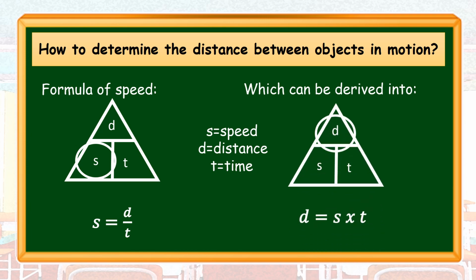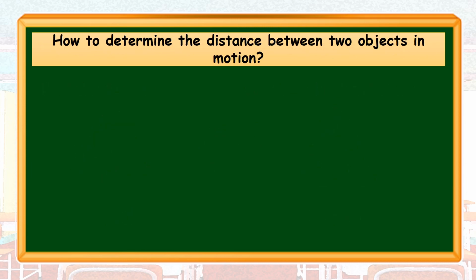For the formula of distance, speed is multiplied by time. To solve a problem involving distance in motion, we should determine that a given speed is an instantaneous speed. Instantaneous speed is the speed at any given instant of time.